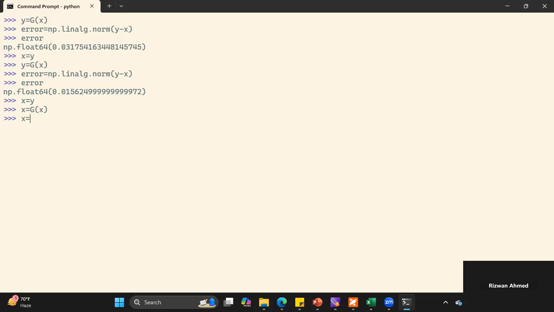Then again x equal to g of x, several more times. Then write y equal to g of x. Okay. And then calculate the error. I have performed 5 additional iterations, right? 5 iterations. And then let's calculate the error.